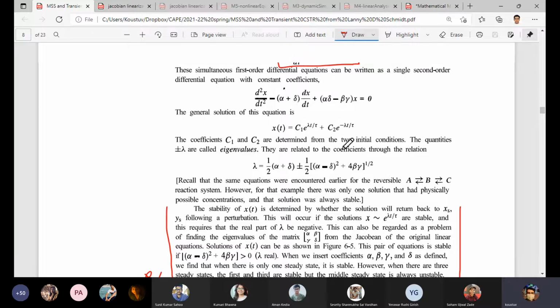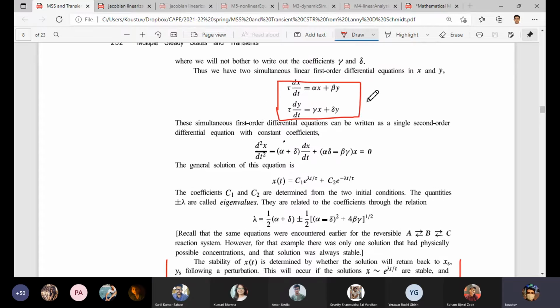So what are those eigenvalue calculations? These two expressions can be reduced to a single second order differential equation. Just take a derivative and substitute dx/dt and dy/dt from these expressions.